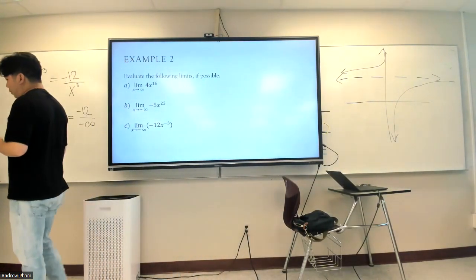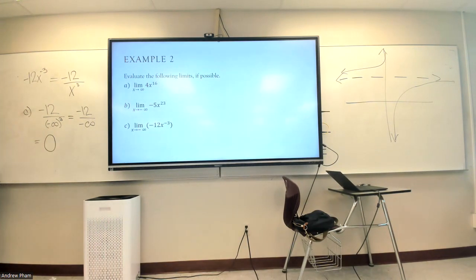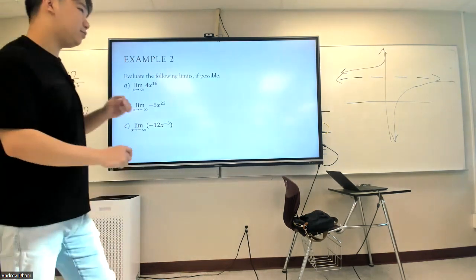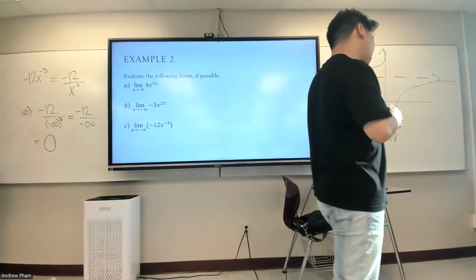So I gave this example to show you that in particular, when you have a negative exponent, we do have to be extra careful. Or if I want to be more broad, whenever I have an x in my denominator, the bottom, things can change around like that.